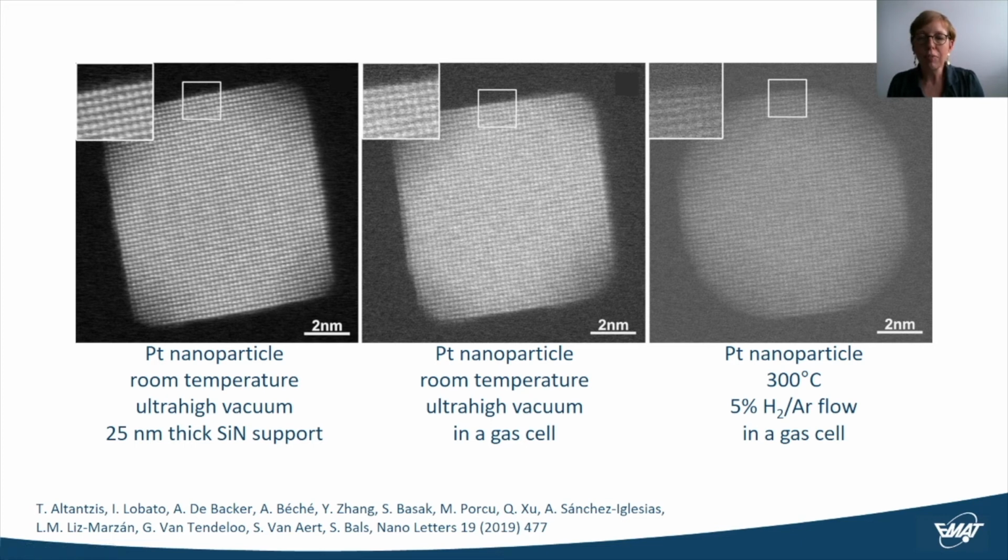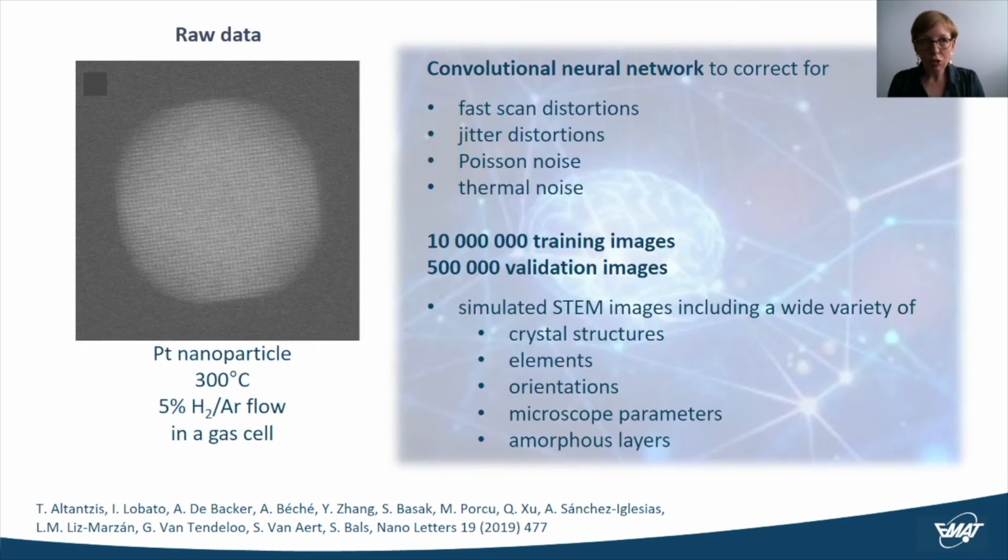Moreover, those images have been acquired at high speed with a scan time of only 1 second for each frame, resulting in kilohertz to megahertz frequency distortions, which are very strong and often highly correlated along the fast scan direction. To overcome this problem, we trained a neural network to correct for fast scan distortions, jitter distortions, Poisson noise, and thermal noise.